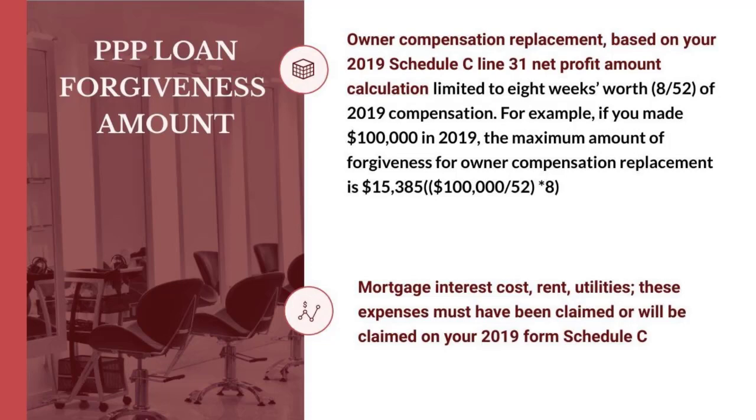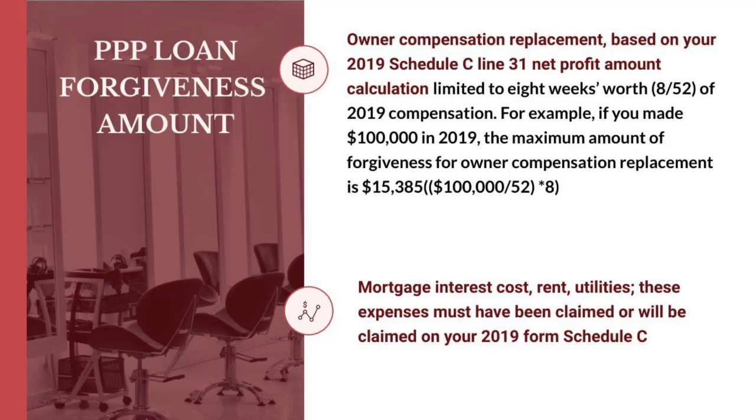Once again, these expenses, which are your interest, your rent, and your utilities, have to also be claimed on your Schedule C as part of your deductions. So if these expenses appear on your Schedule C as part of your deduction, you will be forgiven the entire amount.